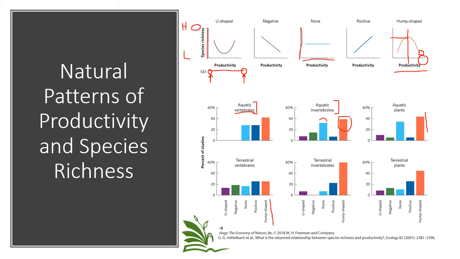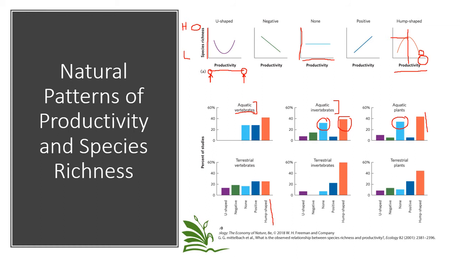So you will see this light blue line is also a common pattern where sometimes productivity does not predict species richness. So it's not the only way we will see high species richness is intermediate productivity. Sometimes it's not related at all.